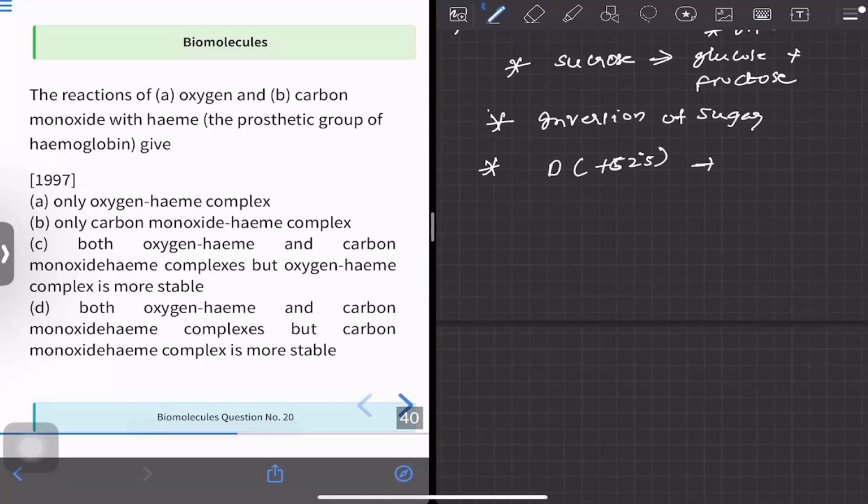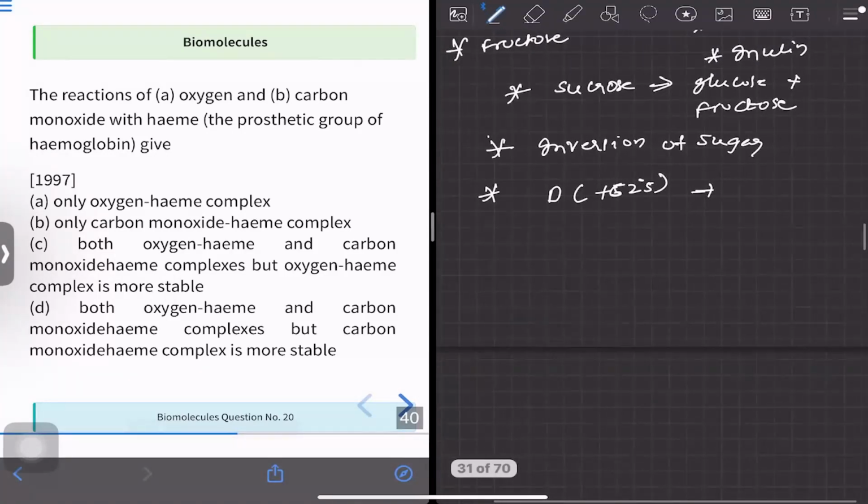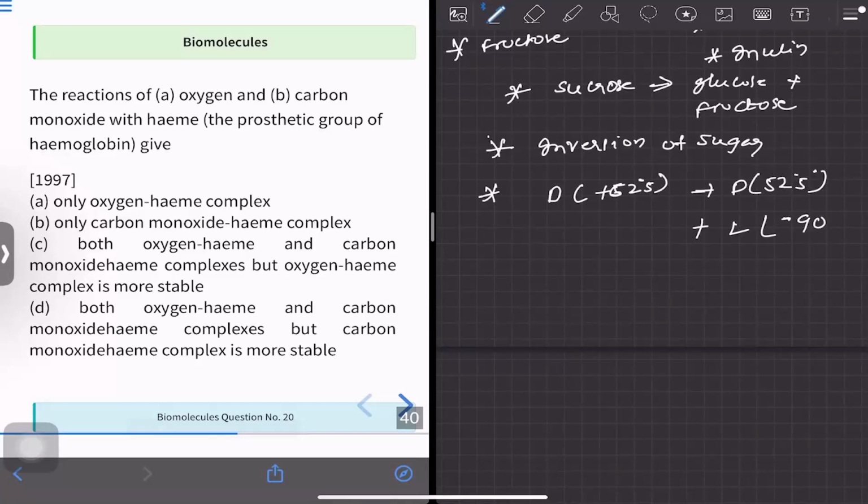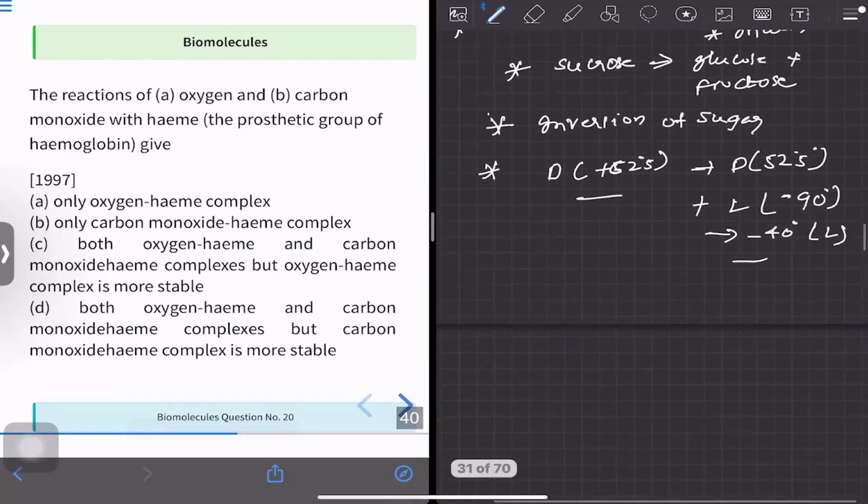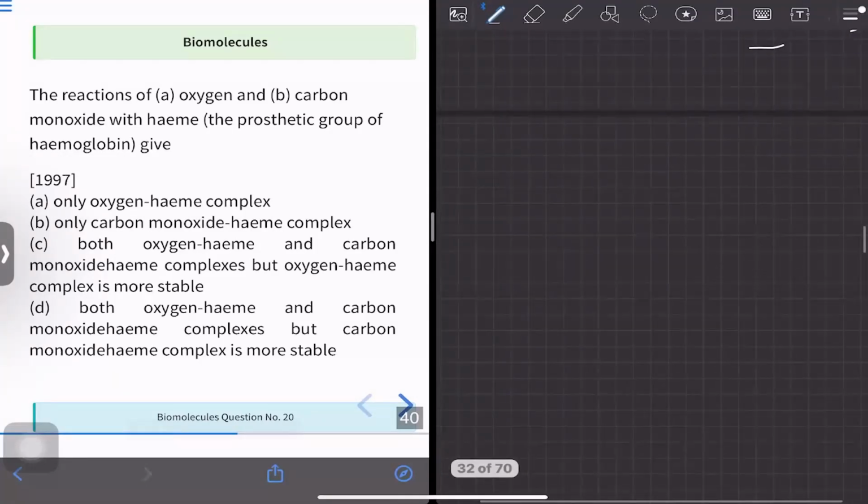When it hydrolyzes, it forms dextrorotatory glucose, which is +52.5 degrees, and levorotatory fructose, which is -90 degrees. So there is a conversion of the sucrose from dextrorotatory into levorotatory. The net rotation on the right side is -40. This conversion from dextrorotatory to levorotatory is known as inversion of sugar.